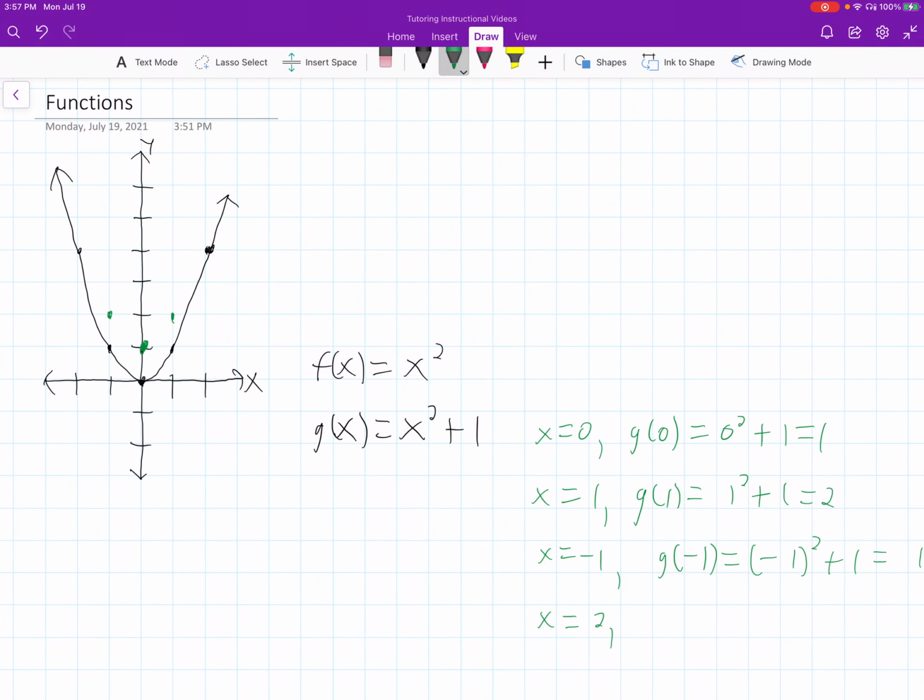When x is 2, I have g of 2, which is 5. Just plugging in the x values into the definition of g, and I'll skip over the same thing for g of negative 2. So a graph would look something like this.